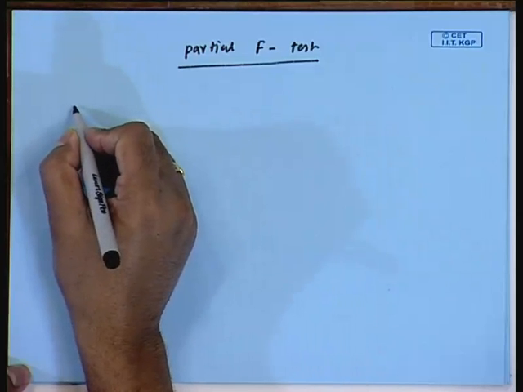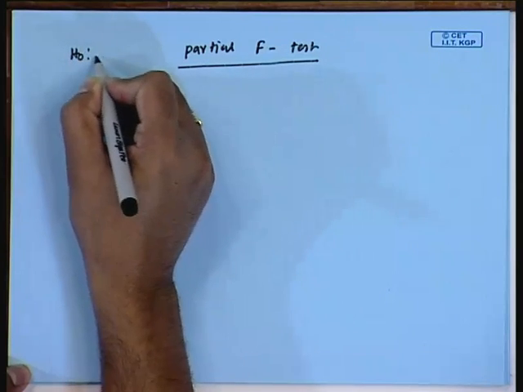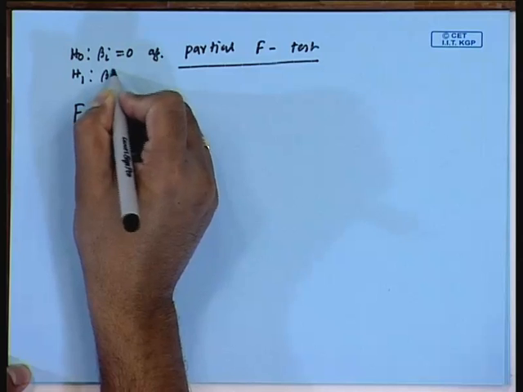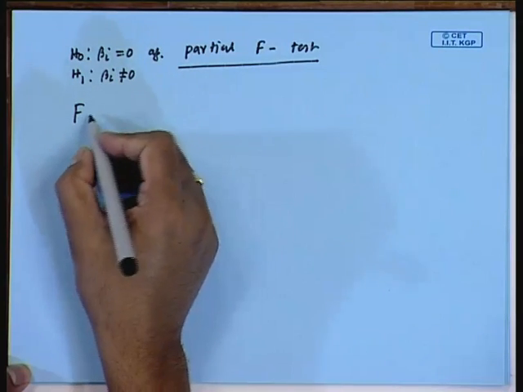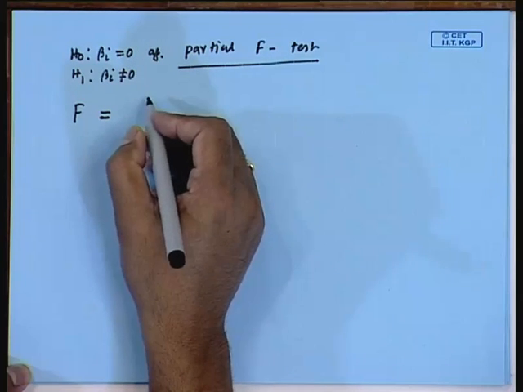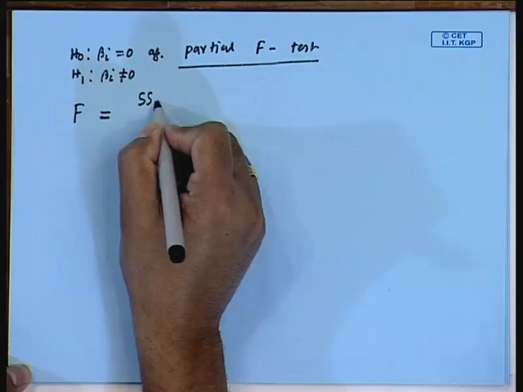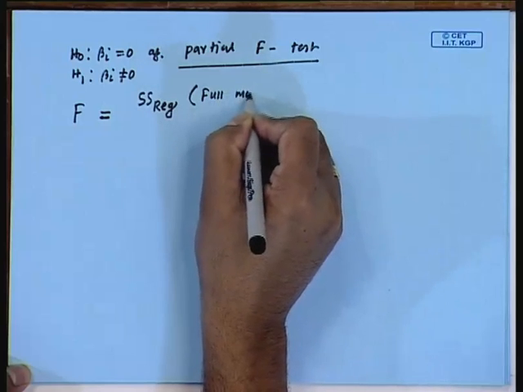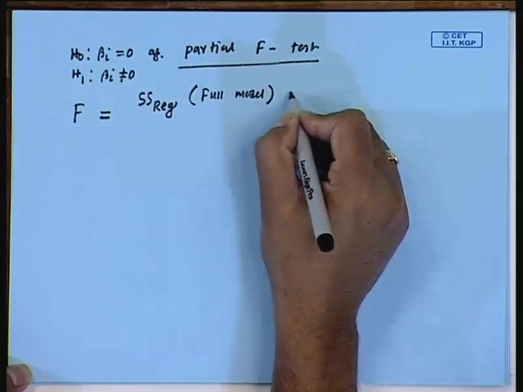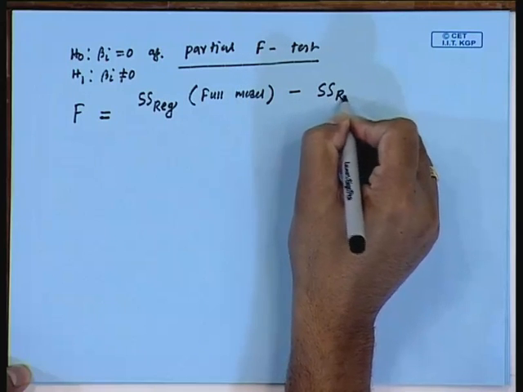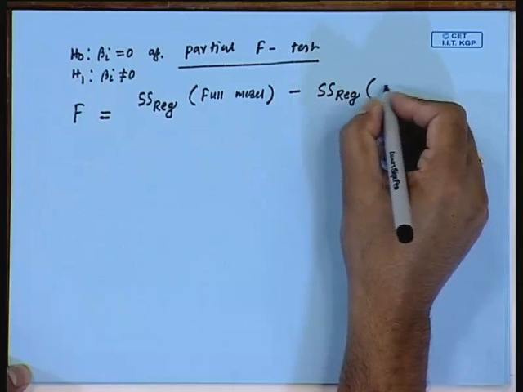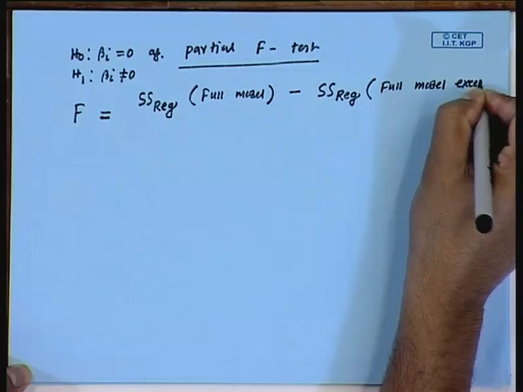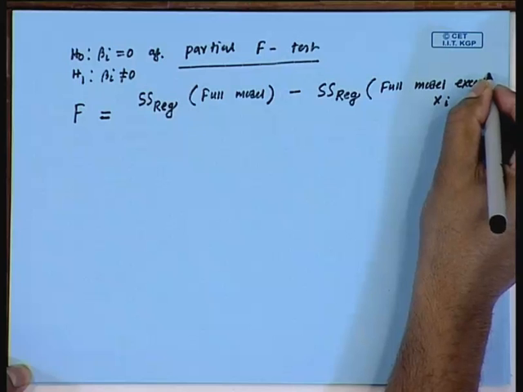The test statistic to test H naught: beta i equal to 0 against the alternative hypothesis H 1: beta i not equal to 0, is F, which is equal to SS regression for the full model minus SS regression for the full model except x i.